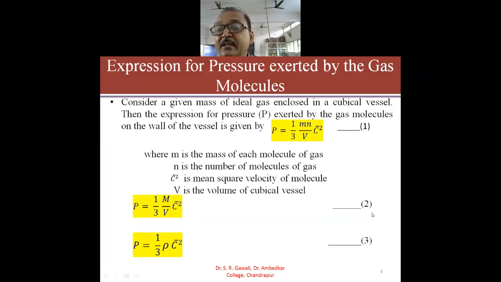This is another form of the pressure exerted by the molecules of the gas. Then the third form: P is equal to 1 by 3 into rho into C bar square, where rho is the density of the gas and C bar square is the mean square velocity of the molecules of the gas.